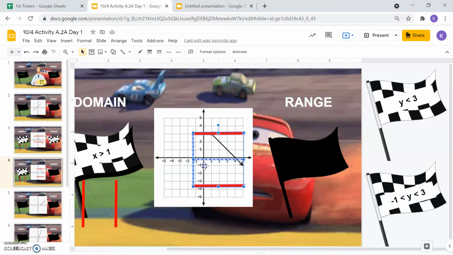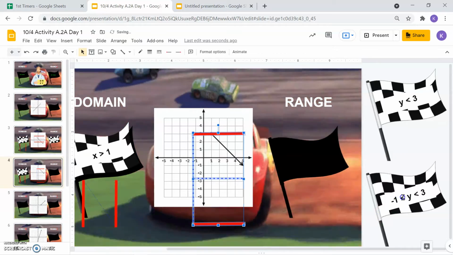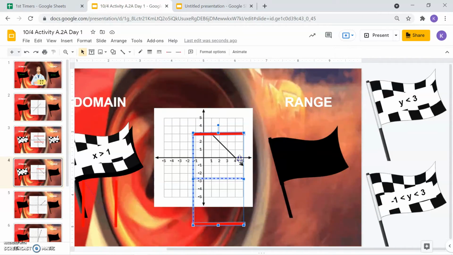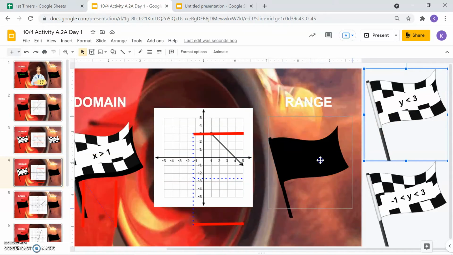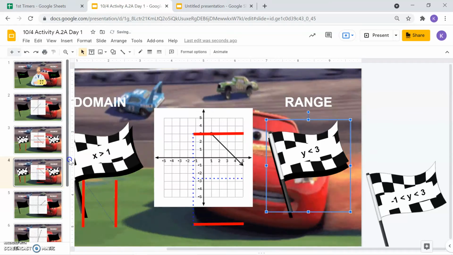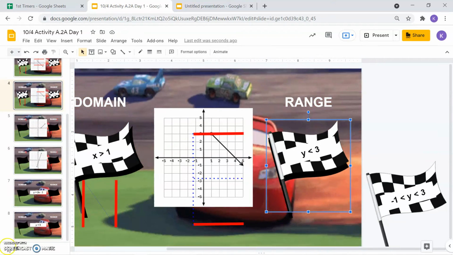So it doesn't start right here at -1 because it's going to continue pushing it all the way down here. So this is not true because it says it starts at -1, and that's not true. We do not know because of this arrow, but we know that it ends at 3 right here, and I'm going to put this one right here.